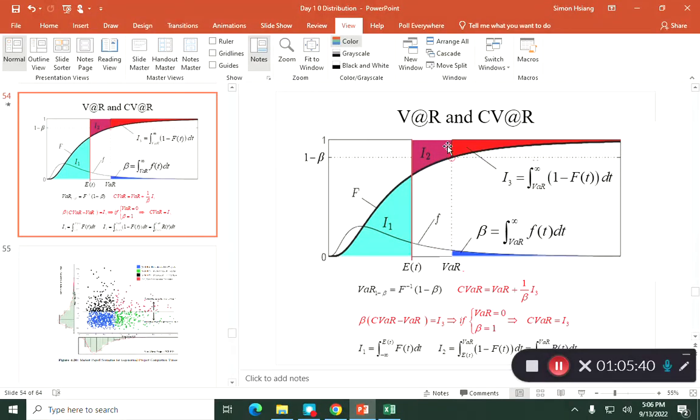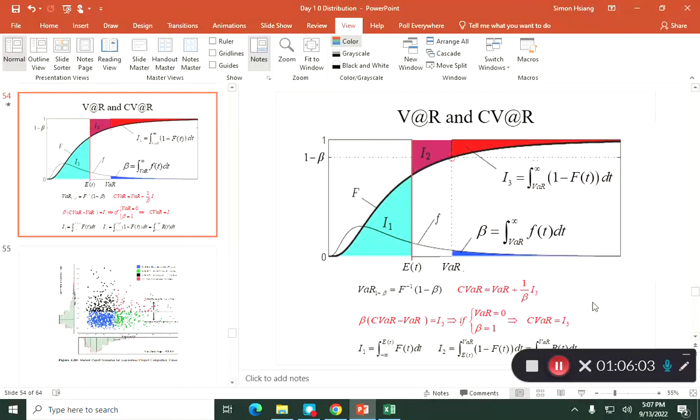CVAR equal to VAR and beyond. What's beyond is the I3 value divided by beta. So look at this, think with me together. First, is VAR getting bigger and bigger?